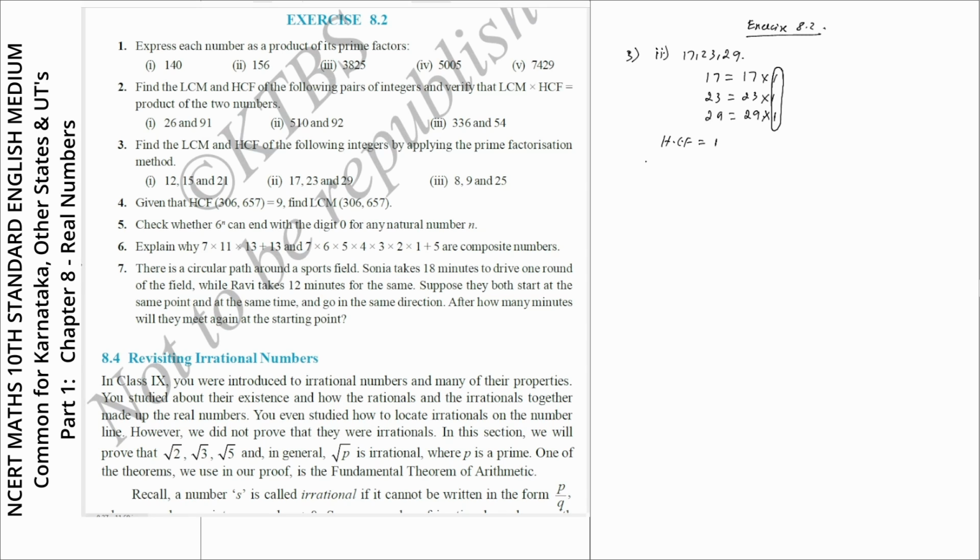Okay, now LCM of 17, 23, 29 is equal to HCF, 1 as it is, into the first row what is remaining is 17, the second row 23 is remaining, and here 29. So now 17 into 23 into 29 is equal to 11330.